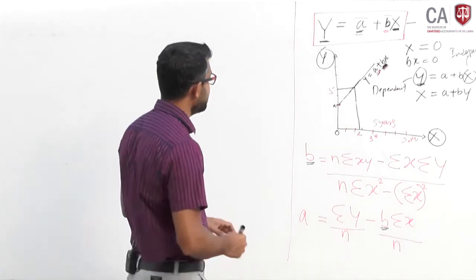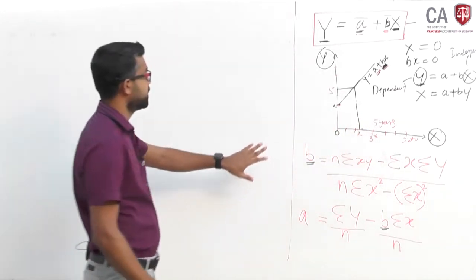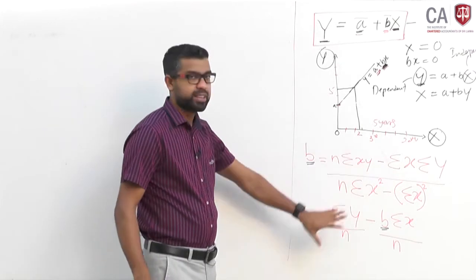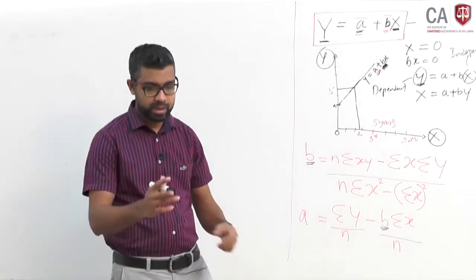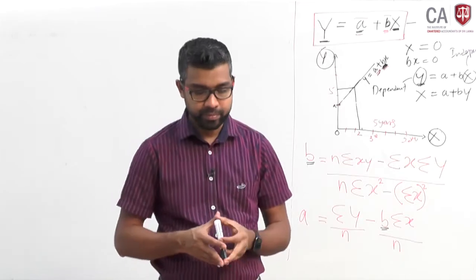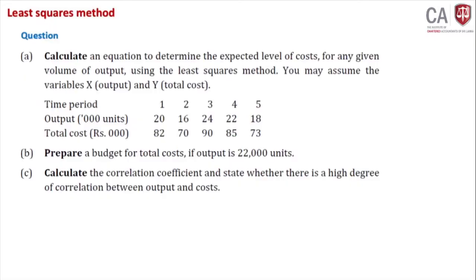With this question you will understand this properly. Calculate an equation to determine the expected level of cost for any given volume of output using least square method. So this method is called what? Least square method.